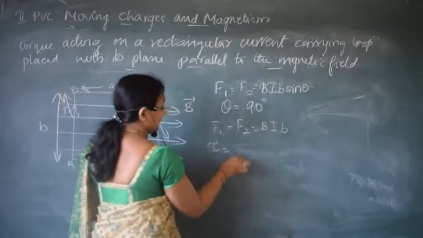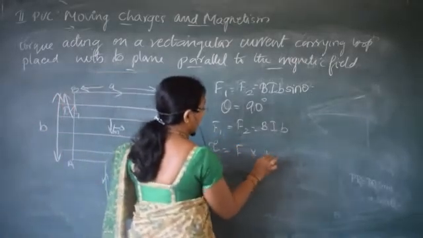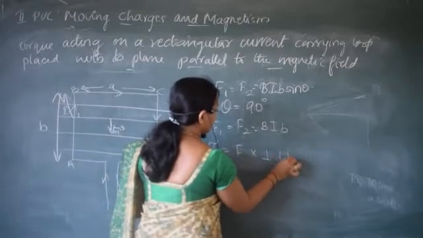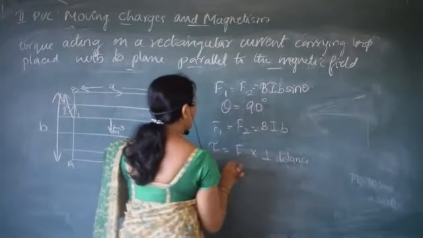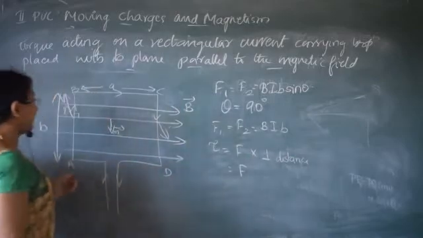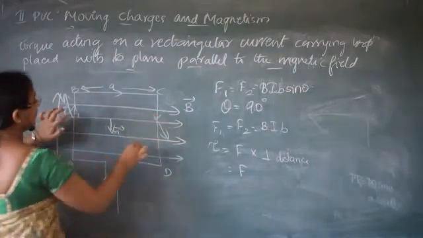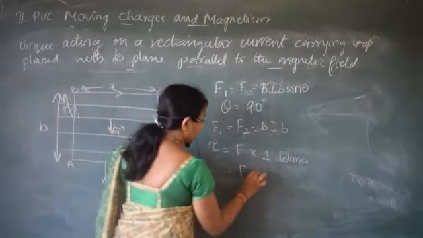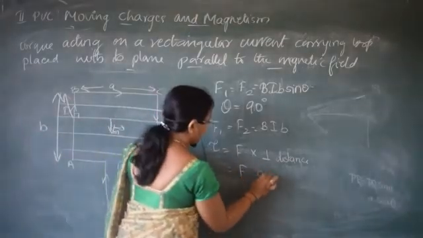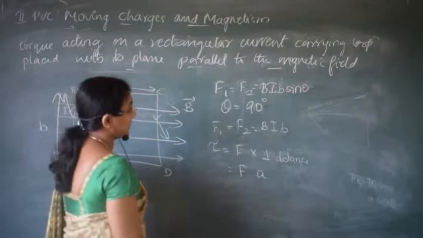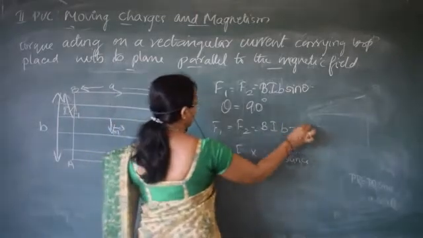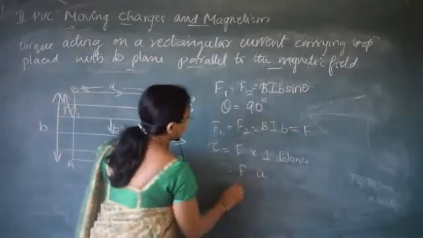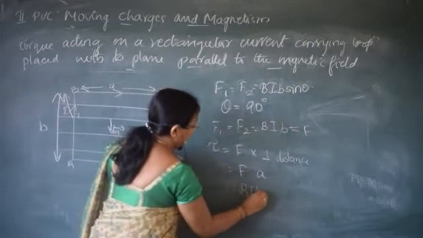So torque is nothing but force into perpendicular distance. Now which is the perpendicular distance from here to here? However, it is parallel, so I can write directly F into a. But what is F? F1 is equal to F2 is equal to F, that is equal to BIb.